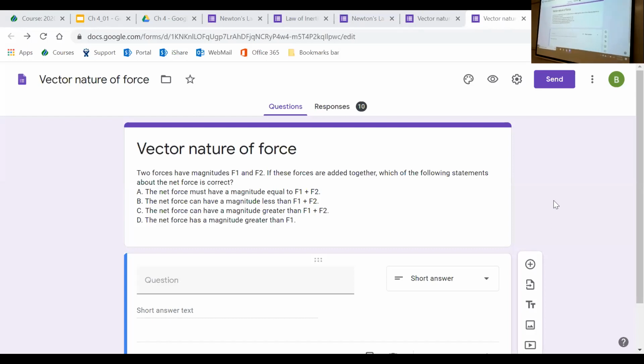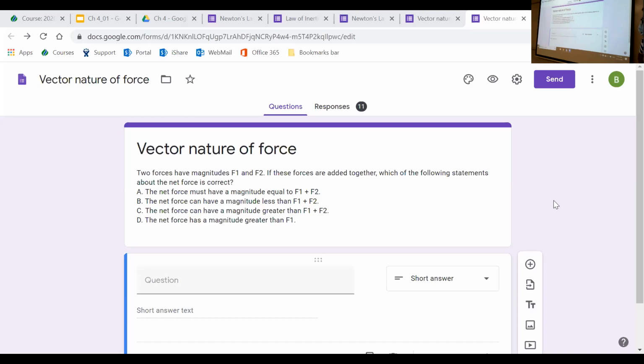And then B says the net force can have a magnitude less than F1 plus F2. Okay, so that one is correct, because most of the time it can be less than the magnitudes of F1 and F2 added up. C says the net force can have a magnitude greater than F1 plus F2. That's not possible. You cannot have a net force with magnitude greater than the original two added up.